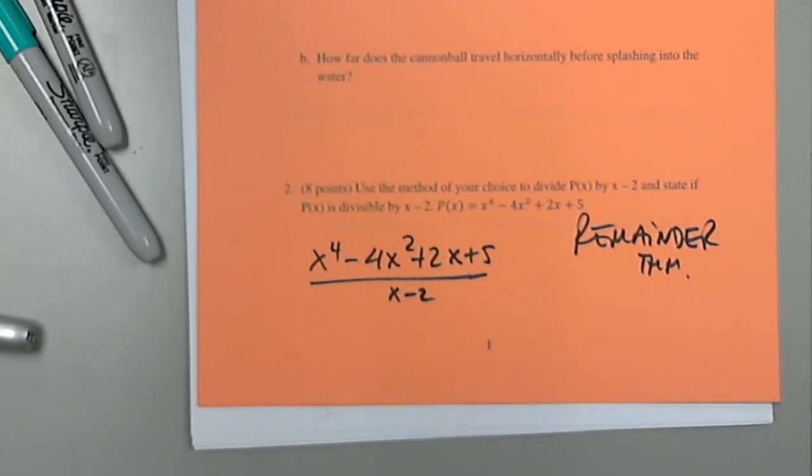It's a factor. What if you use synthetic division and get the remainder 15? Is it a factor or not? No. But it's a long process. How do I use the remainder theorem to simply show yes or no, a factor or not a factor? What should I do?